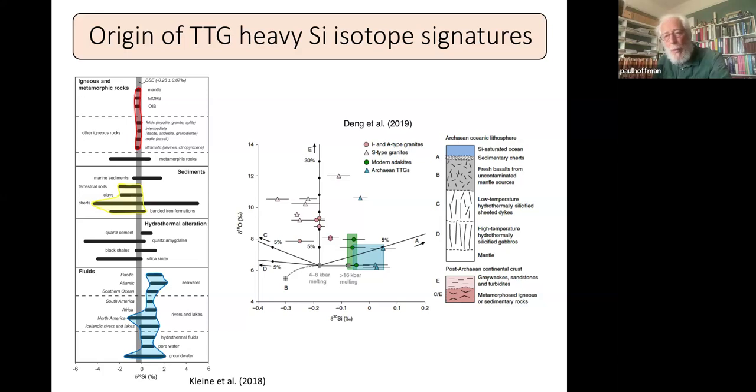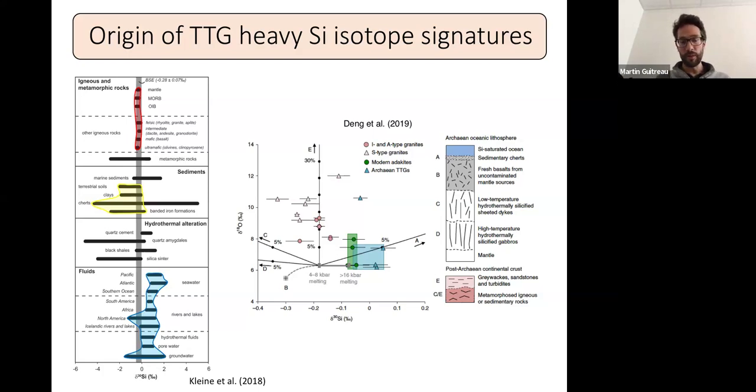So is it possible then from the silicon isotope composition of ancient seawater to say something about the volume of continental crust? That's a very, very good question. As far as I know, it's a little tricky because if you look at that record, I don't have the backup slide for that.